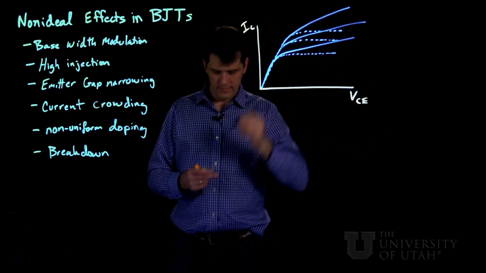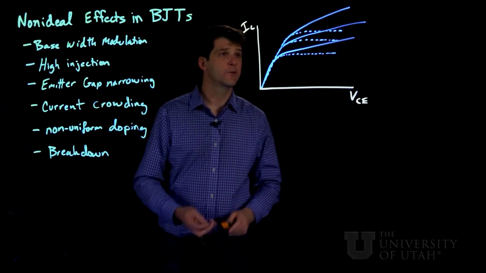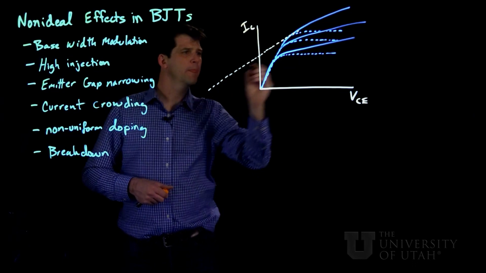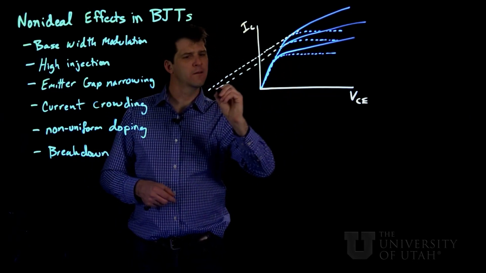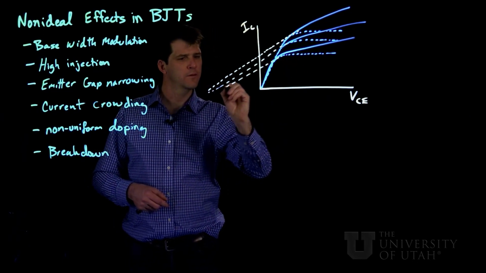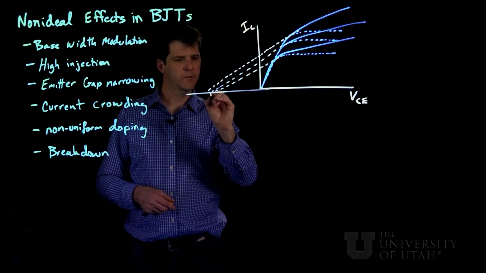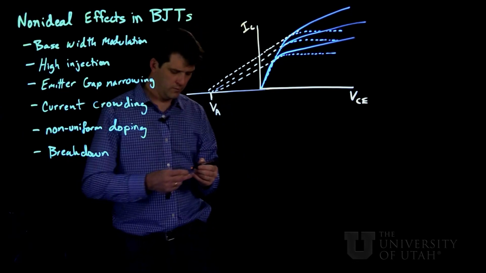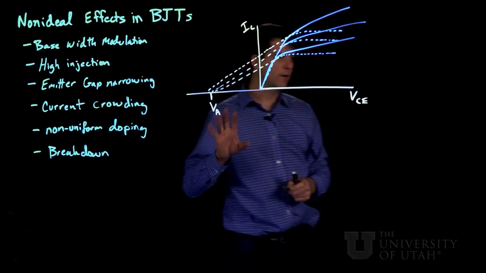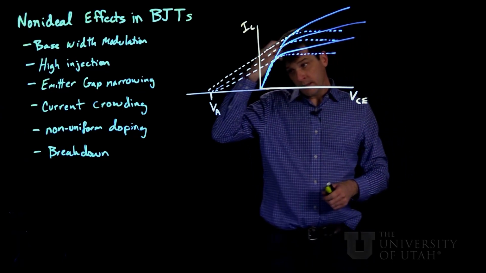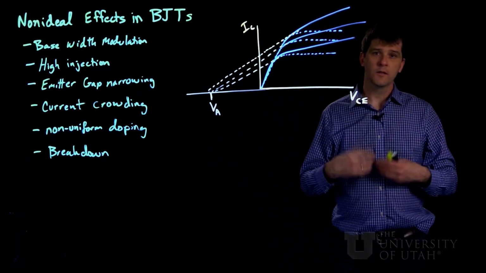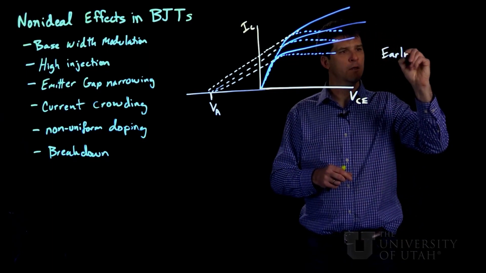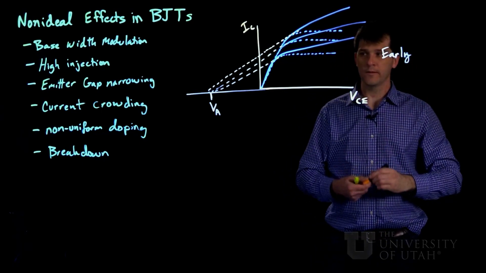And it turns out if we then project these lines back, they end up converging at a common voltage here. So this voltage is defined as positive, and it's called the Early voltage, and that's E-A-R-L-Y after a person, not because it's turning on early.